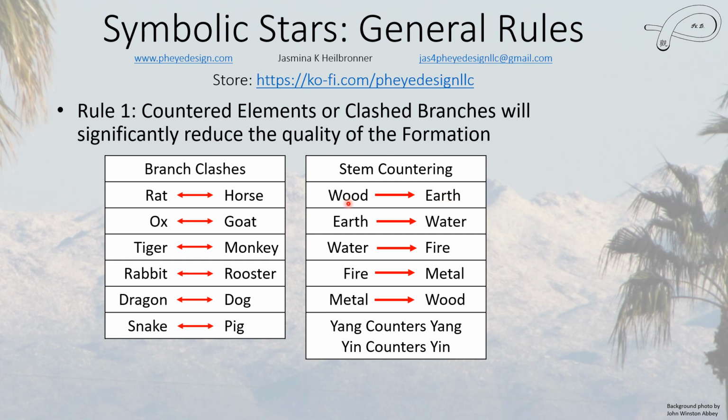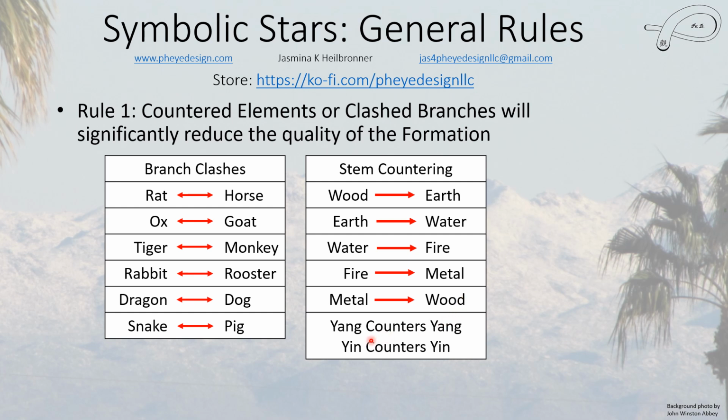So it's directional. You have wood countering earth, earth countering water, water countering fire, fire countering metal, and metal countering wood. And that makes that triangle or star shape when you're looking at the path of the growth cycle or weakening cycle, if you like.